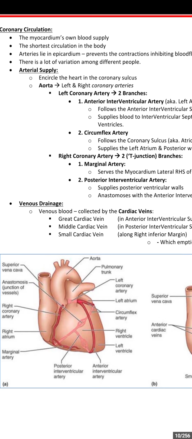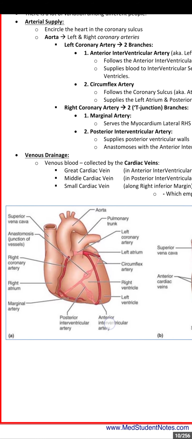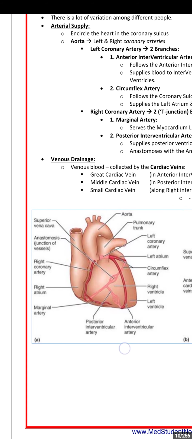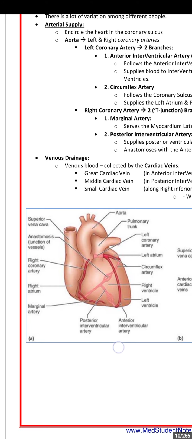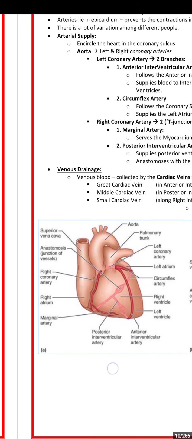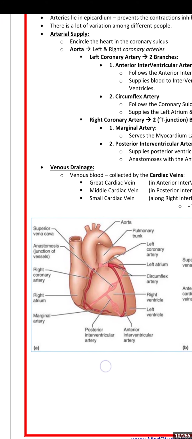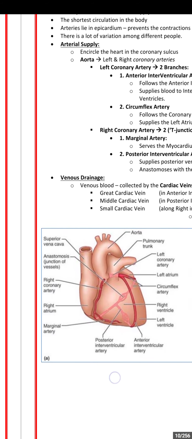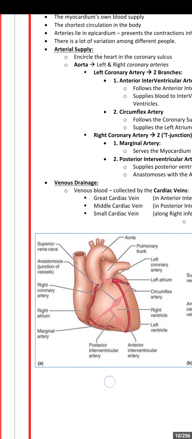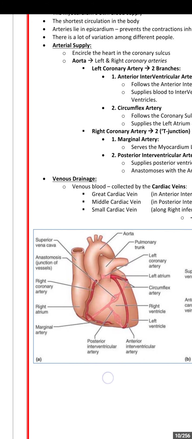Next is the arterial supply. We are going to talk about the coronary supply, the arterial supply. The arteries are the left coronary artery, the circumflex artery, the anterior intraventricular artery, the posterior intraventricular artery, the marginal artery, the right coronary artery, and the junctions.